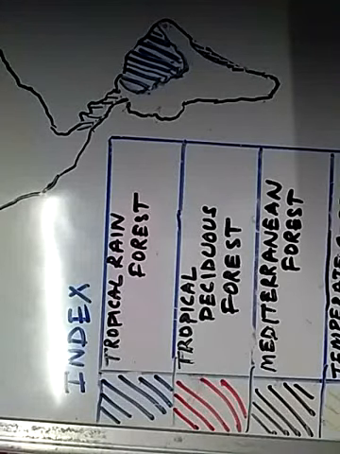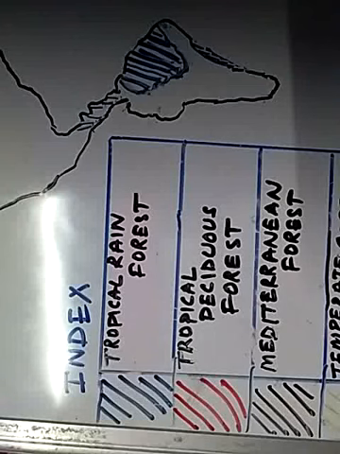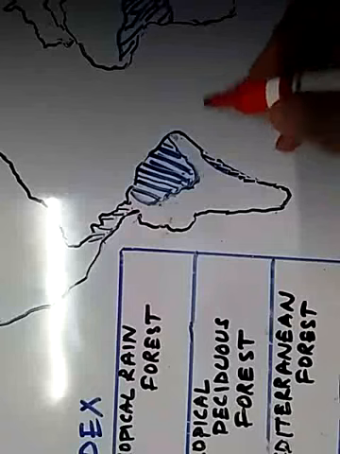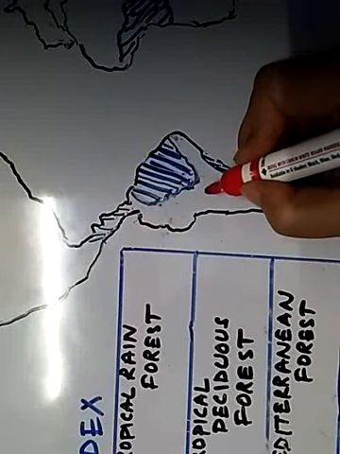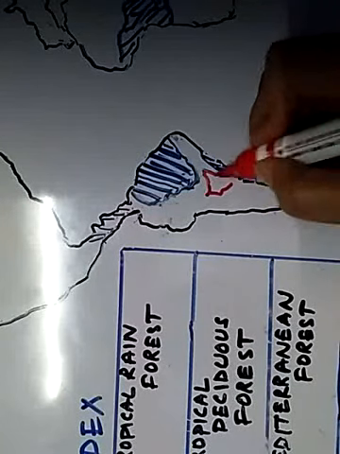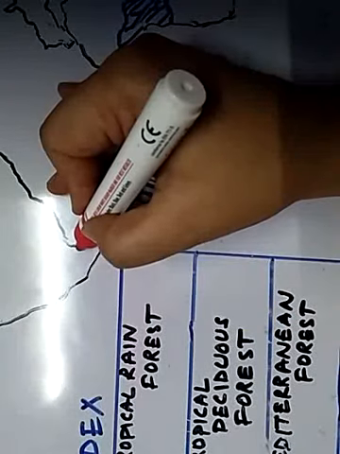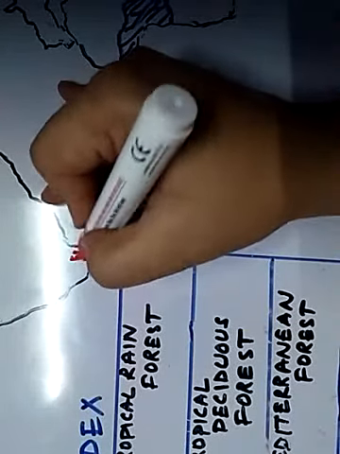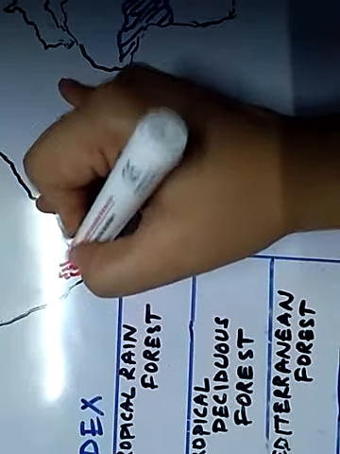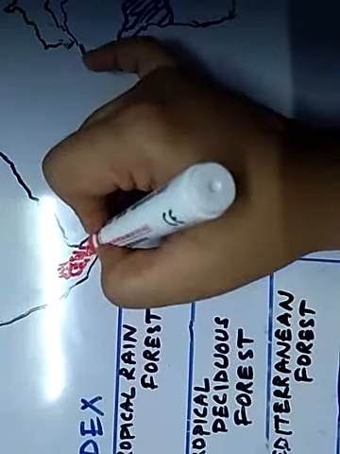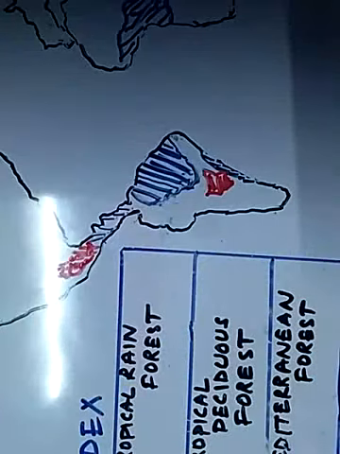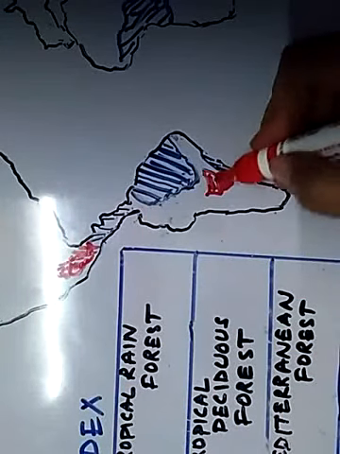Now let's see the tropical deciduous forest. In America, these forests are found here. Here also these type of forests are found. In some part of Central America, the deciduous forests are found.